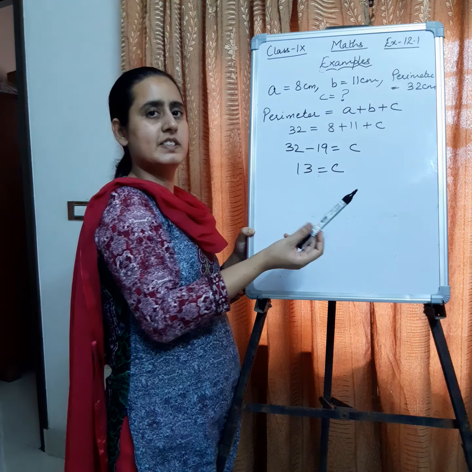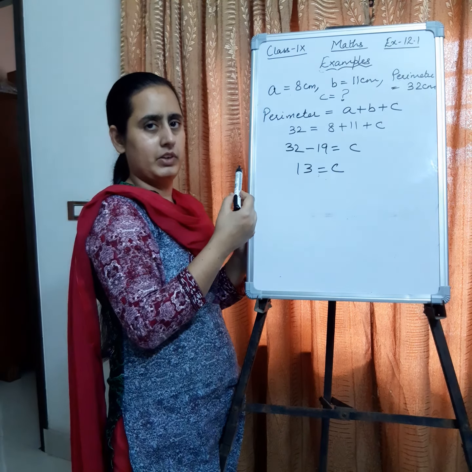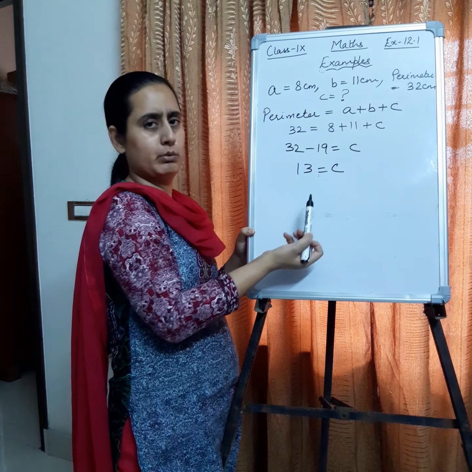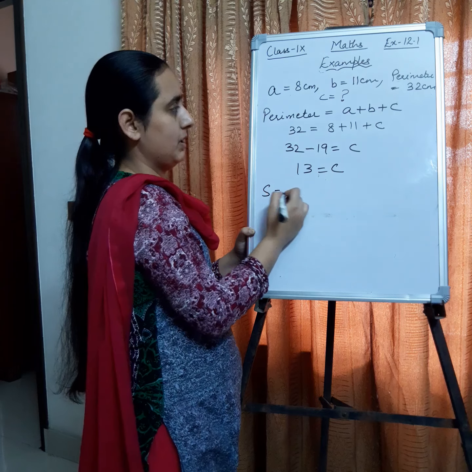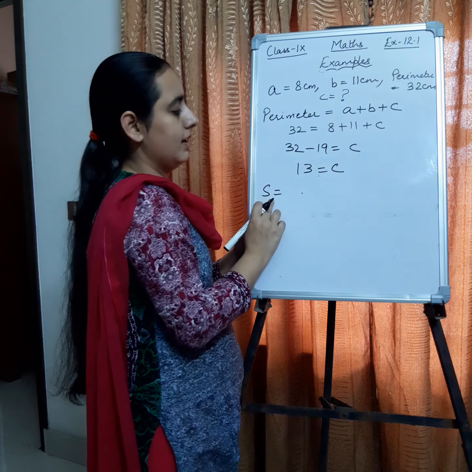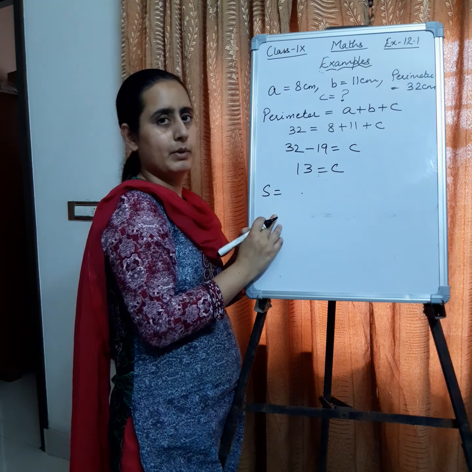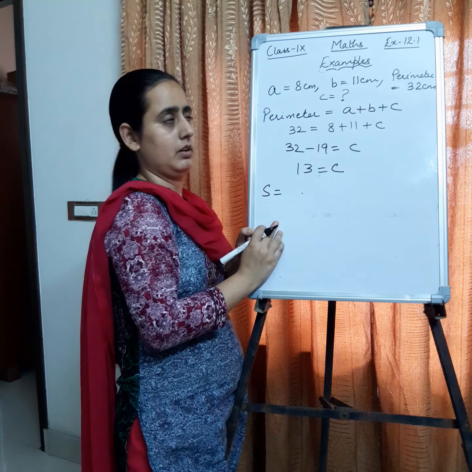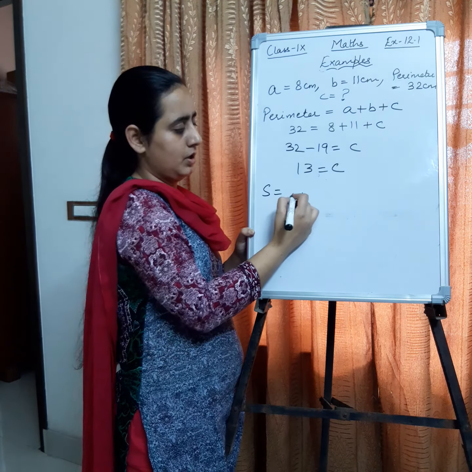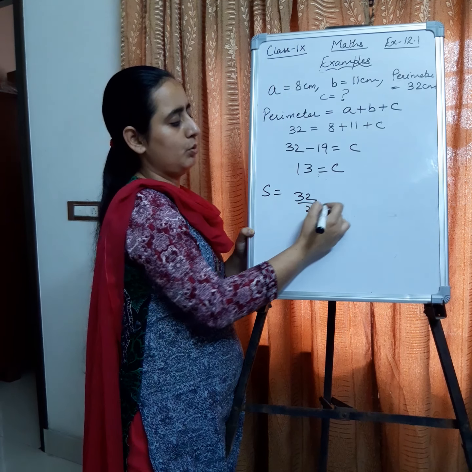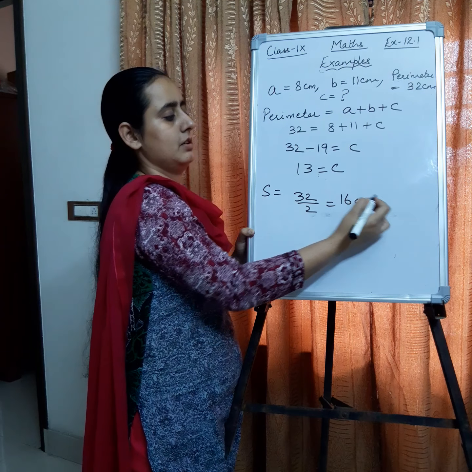Now we know the values of A, B and C. You can follow the steps as I discussed in the previous question. I am calculating up to S, then you can try on your own. S you can calculate directly because S is the semi-perimeter. Perimeter is given as 32, and semi means half. So 32 by 2 is 16 centimeter.